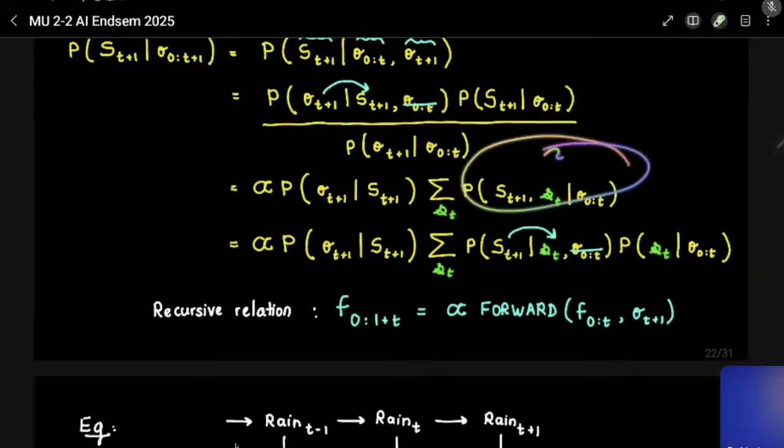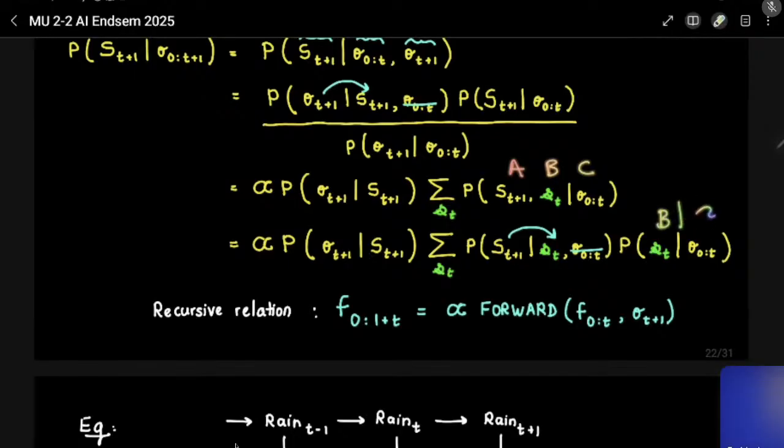And again I'll apply rules of probability. A, B, C. So this is A, B, C. This is B given C. Then this would be A given B, C. Yes, it works.